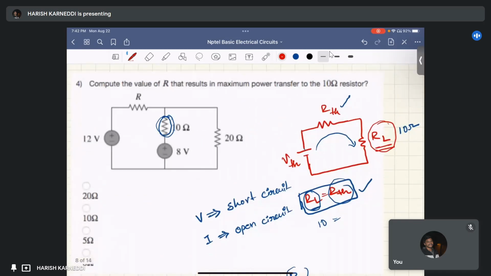This R should be equal to 20 ohm to deliver maximum power from these two sources to the 10 ohm resistor. So option A is the correct answer.